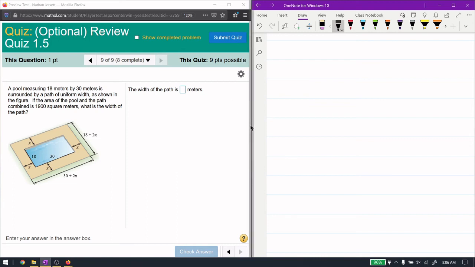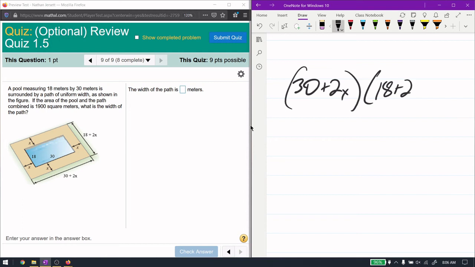So really what we have here is 30 plus 2x times 18 plus 2x. 30 plus 2x is the length of the total area of the pool and the path, and 18 plus 2x is the total width of the pool and the path together. And that's the total area. And it said the total area must be 1900 square meters, so this must equal 1900.